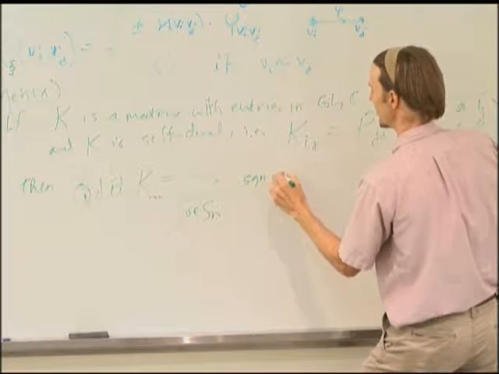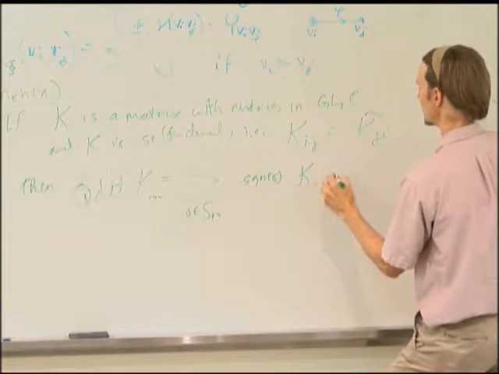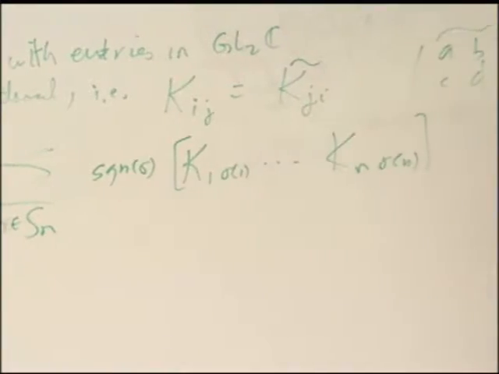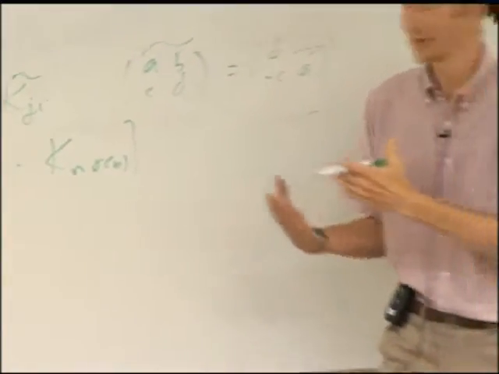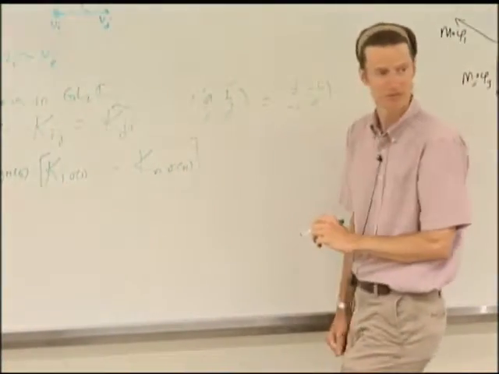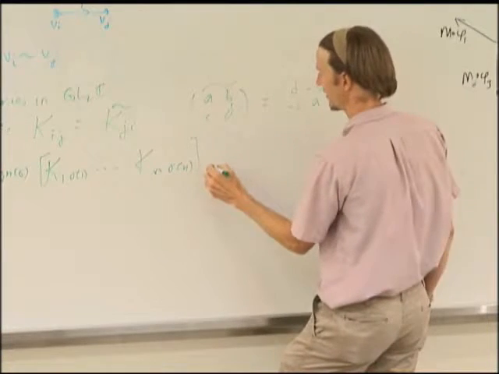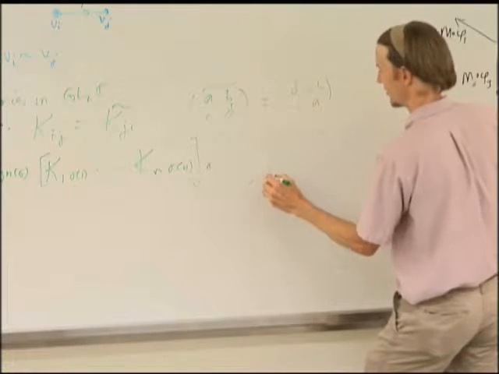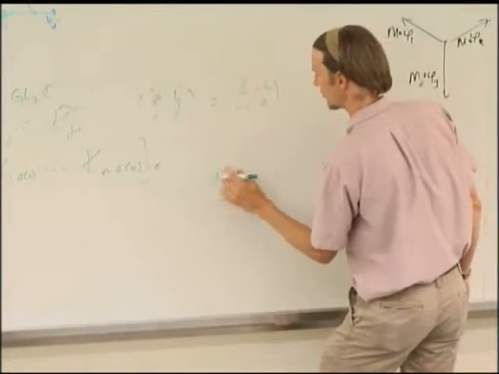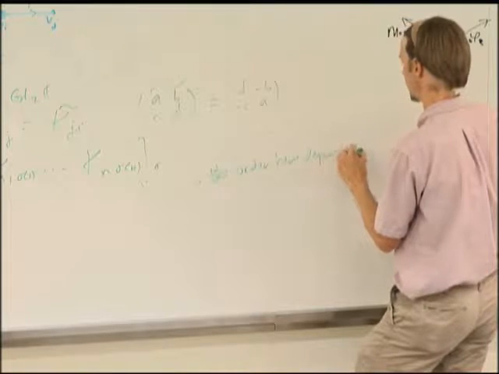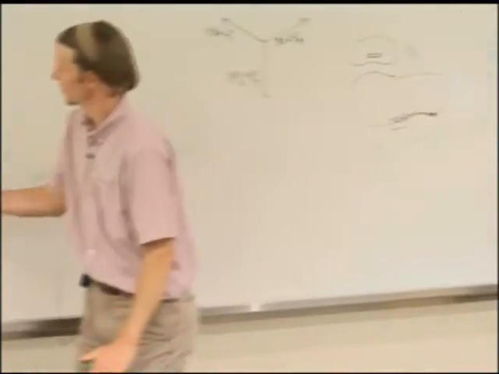It's the same as the usual definition, K1 sigma 1 through Kn sigma n, except that you have to compose these entries in a particular order, and that order depends on sigma, on which permutation you're currently evaluating. Now I have to tell you what order to take.